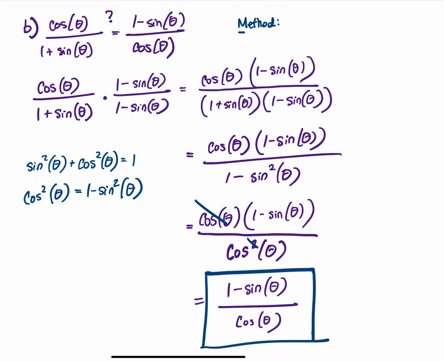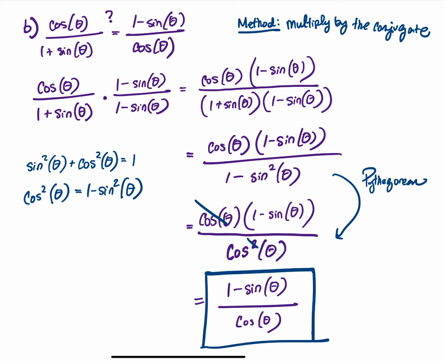So the method that we used here was multiplying by the conjugate, in this case the conjugate of the denominator. But then we also used a Pythagorean identity to replace the denominator with cosine squared, and that allowed us to cancel that cosine in the numerator.